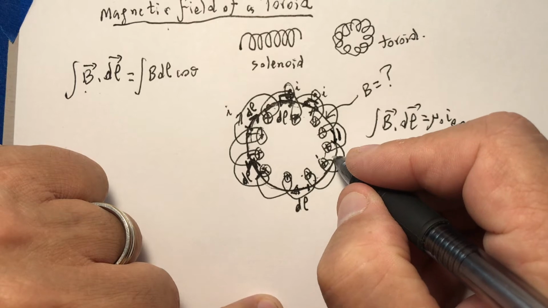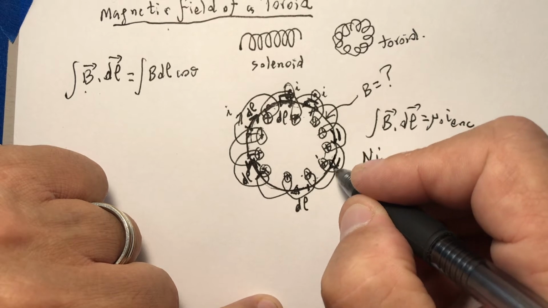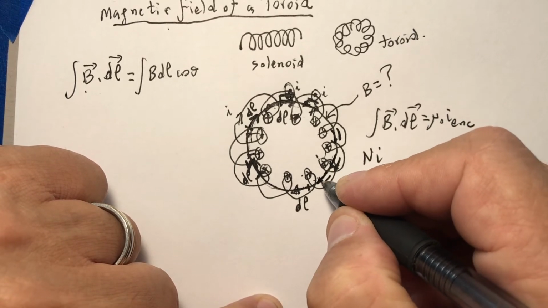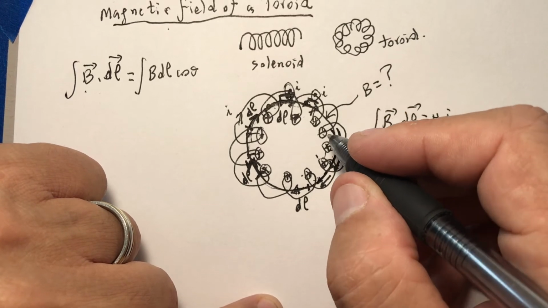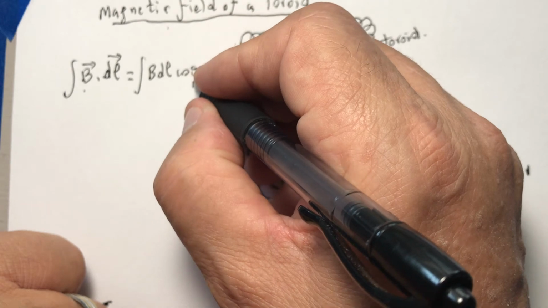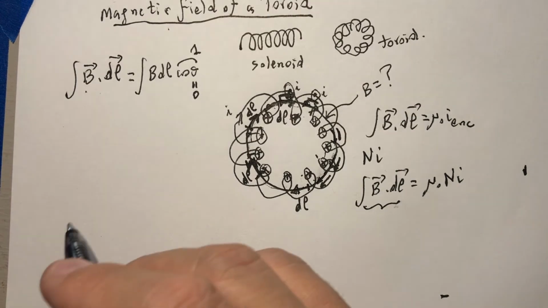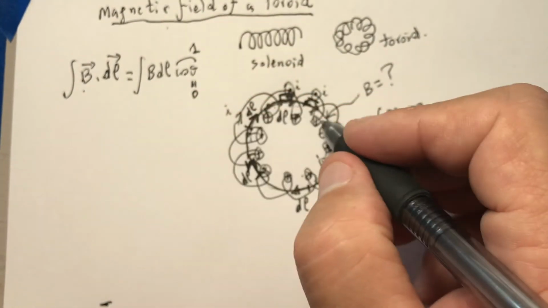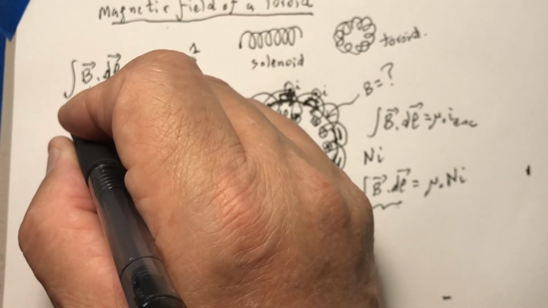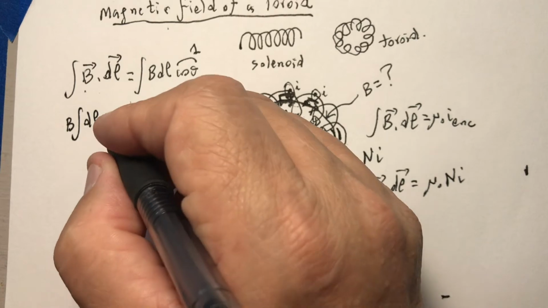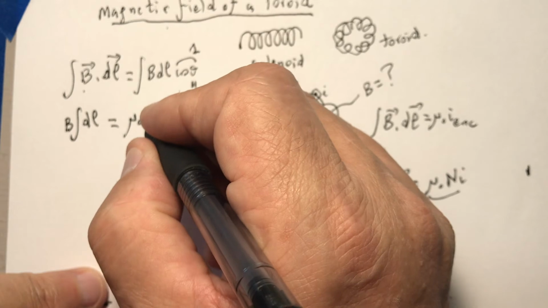So the B field is following dl. See? So the B field is parallel to dl. So this theta is 0, so cosine is just 1. And since the B field is constant, it can come out of the integral. So I have B integral of dl is equal to mu0 Ni.